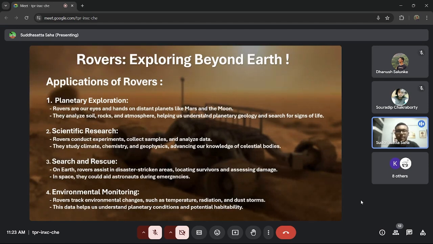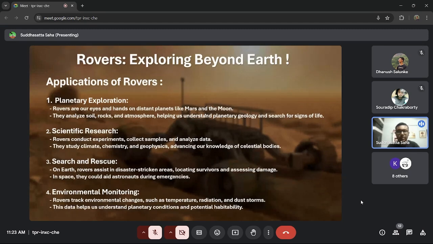These investigations require very good scientific instruments, and hence rovers are a medium of conducting scientific experiments on other planets where humans might find it difficult to do the same thing.